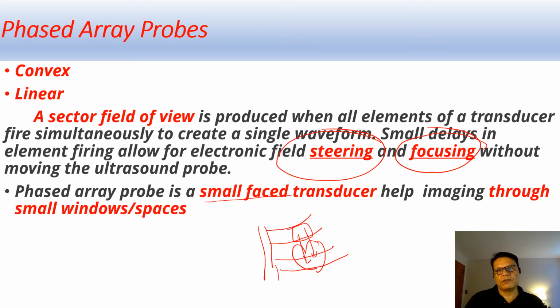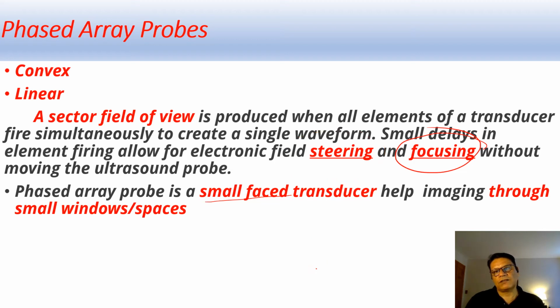These ribs stop the ultrasound waves and ultrasound waves are unable to reach your heart. So a small footprint can fit between the ribs, and it can send ultrasound waves to see the heart. So that is why it is also called cardiac probe.